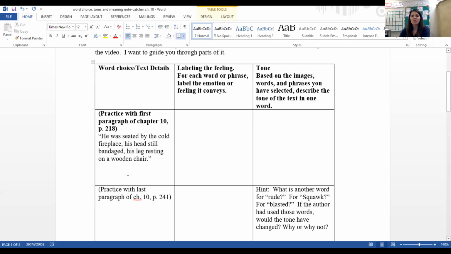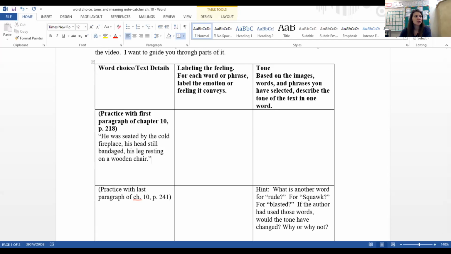So you have to think about what feelings do we get from that, and really think about those word choices. Cold fireplace. A cold fireplace has a very different feeling than a warm hearth, right? Bandaged, wooden chair. So some of those details are going to affect the meaning.